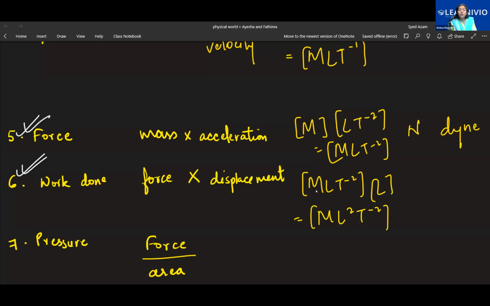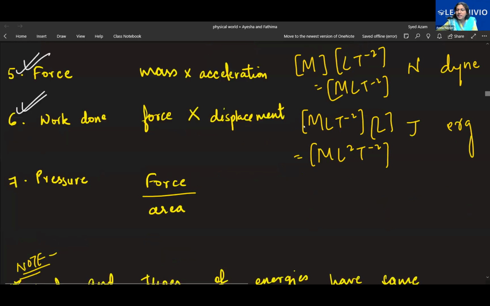Whatever the dimensions of work done are, that is the exact dimension of all sorts of energies that are present: kinetic energy, potential energy, internal energy. You take any energy of the world, the dimensions will be this. So by remembering work done's formula, you are actually remembering all the energies. So remembering these 5 will be very helpful. This is joules, CGS unit is erg.